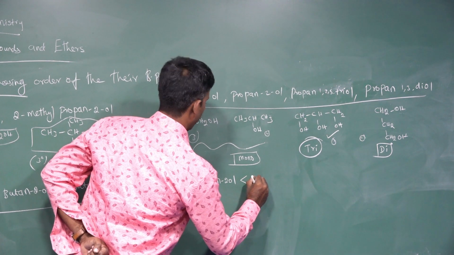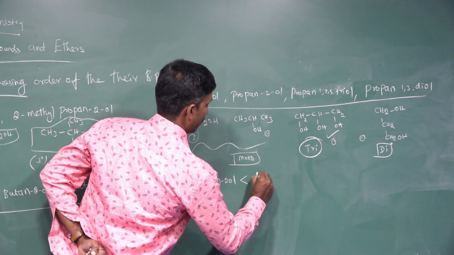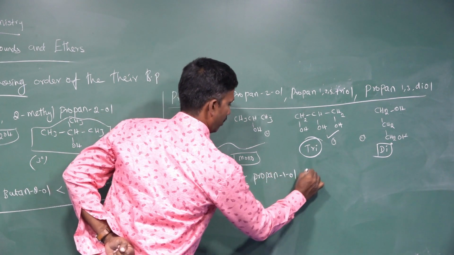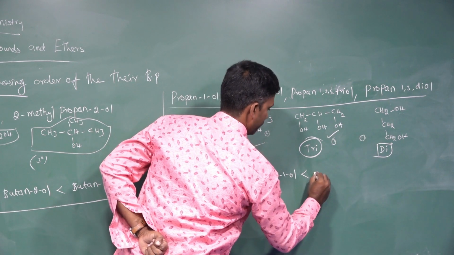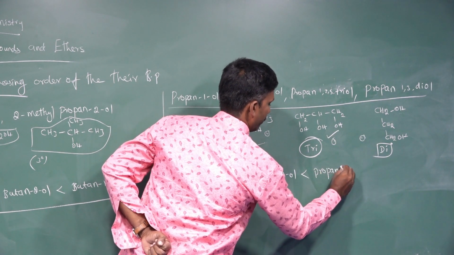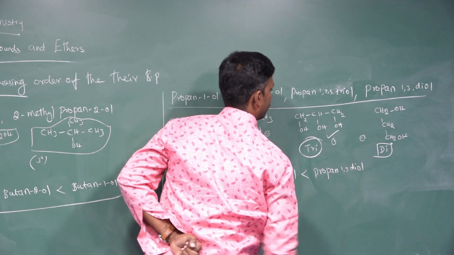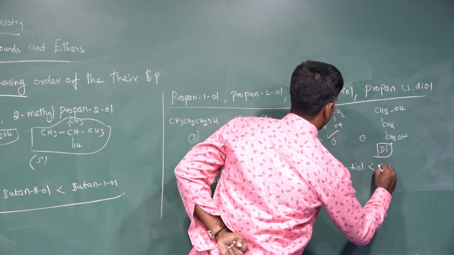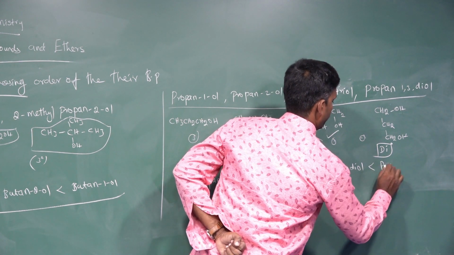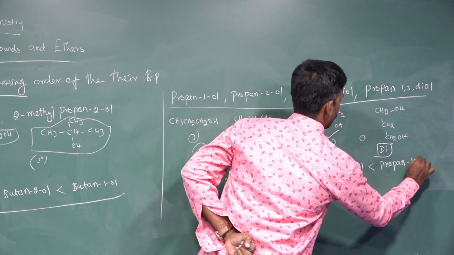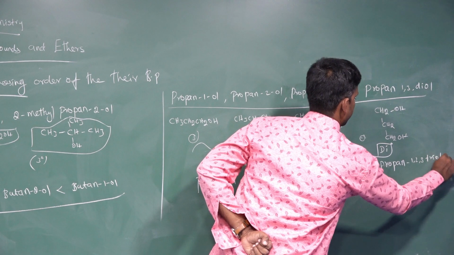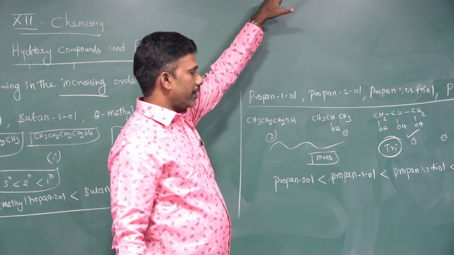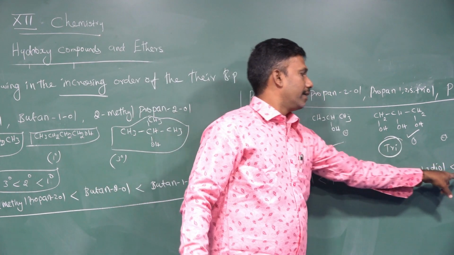Above this is the primary alcohol, propan-1-ol. Then the dihydric alcohol, propane-2,3-diol. Then the trihydric alcohol, propane-1,3-triol. The reason is that as the number of OH groups increases, the boiling point increases. So the trihydric alcohol has the highest boiling point.